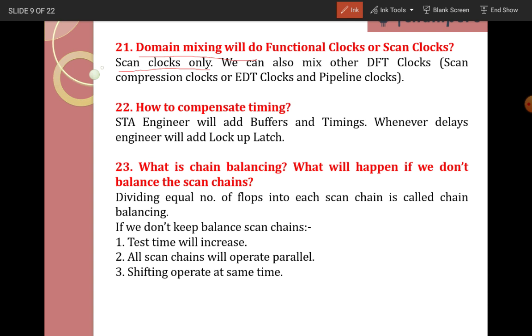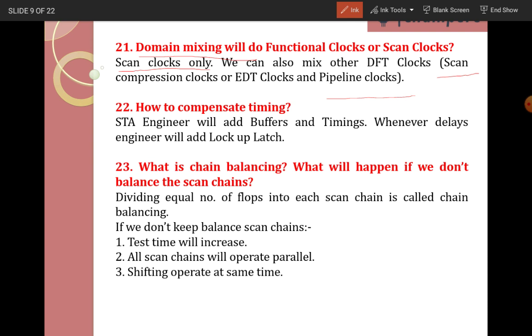We can also mix other DFT clocks, scan compression clocks or EDT clocks, and pipeline clocks. In the interview they may ask whether we can mix other clocks also. Yes, we can mix scan compression clocks, EDT clocks or pipeline clocks, but functional clocks we cannot mix in one scan chain. Important.